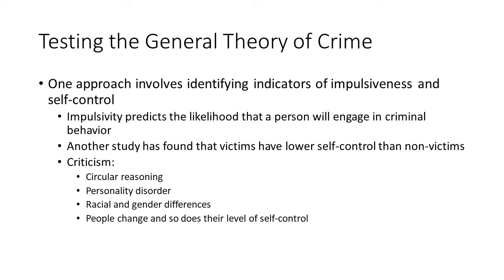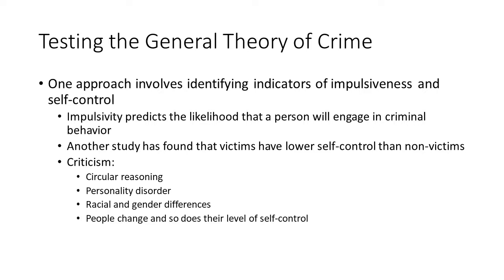According to the general theory of crime, as self-control declines, the likelihood that someone will engage in future antisocial behaviors increases. Low self-control has been linked to a variety of crime types, ranging from texting while driving to serious sex offending.